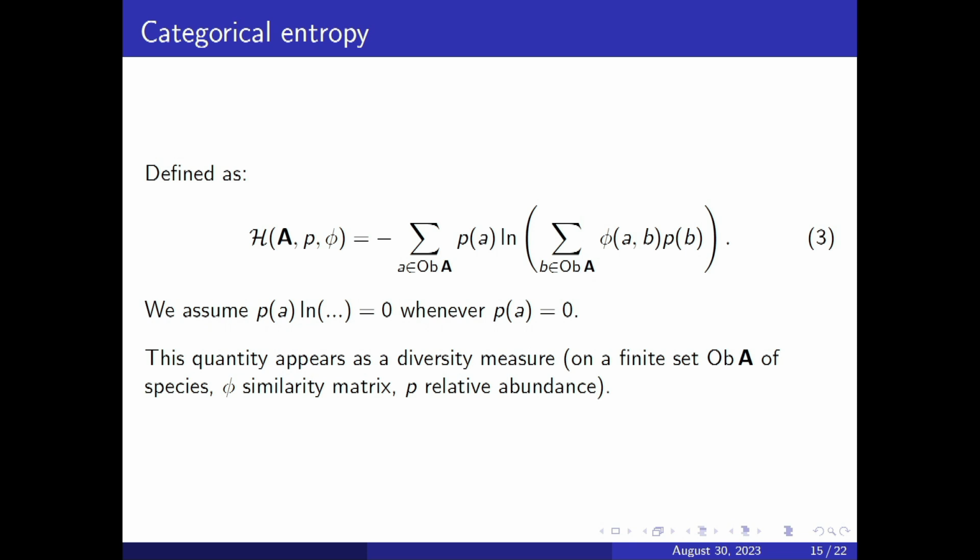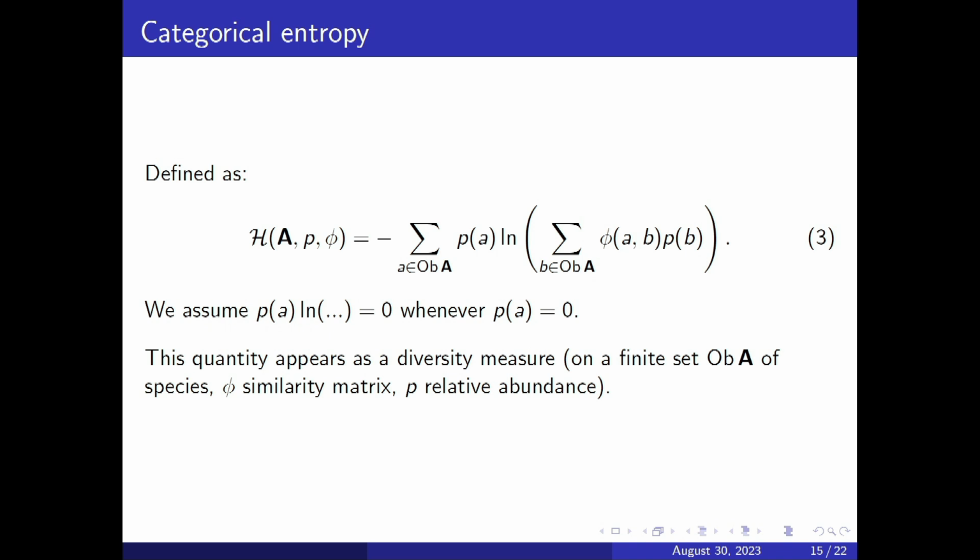Now the definition of the entropy is this. To a triple, we're going to associate this number, which is minus the sum of P_A logarithm of this sum, the sum of phi AB P_B. Remember, one example would be taking this to be a probability of transition from B to A. So this could be something like the probability of A after one transition has happened. Whenever the argument is 0, we are going to consider that the whole term is 0.